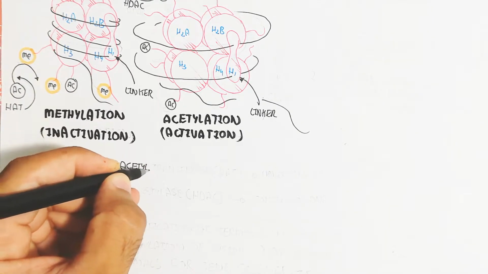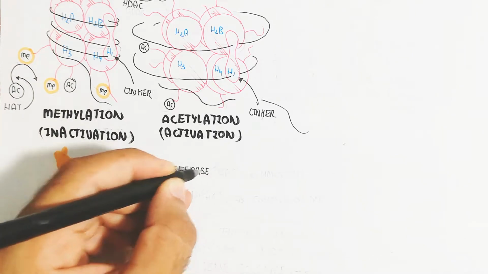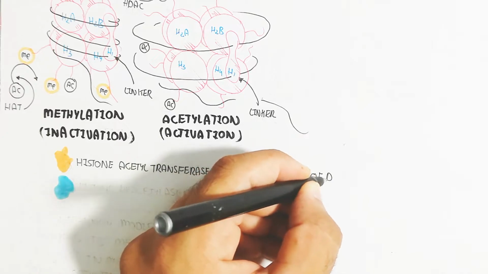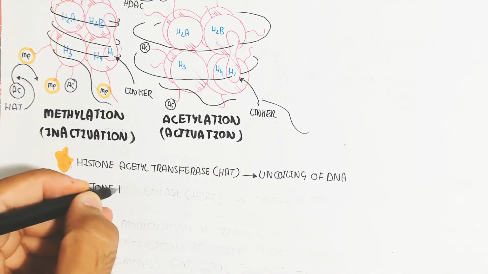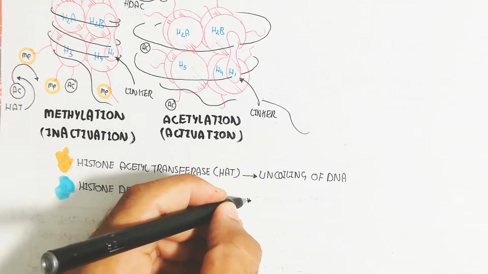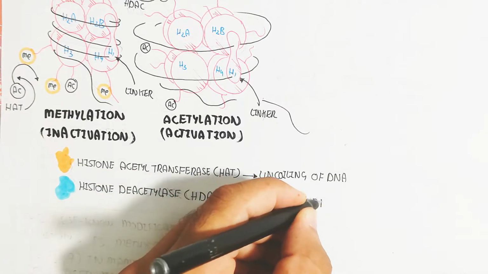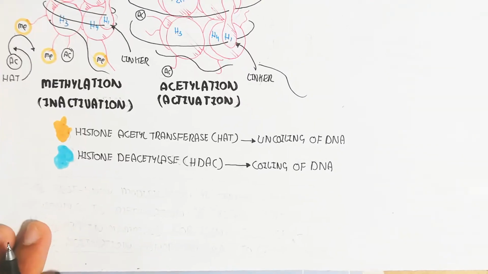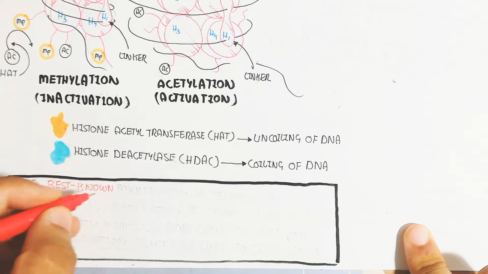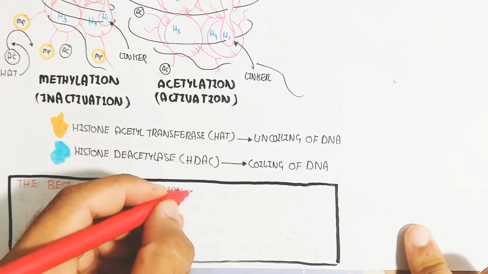Histone acetyltransferase, HAT, is used for uncoiling of DNA because acetyltransferase leads to acetyl group addition, while the histone deacetylase enzyme, HDAC, is used for the coiling of DNA because deacetylation allows the addition of the methyl group for gene silencing.